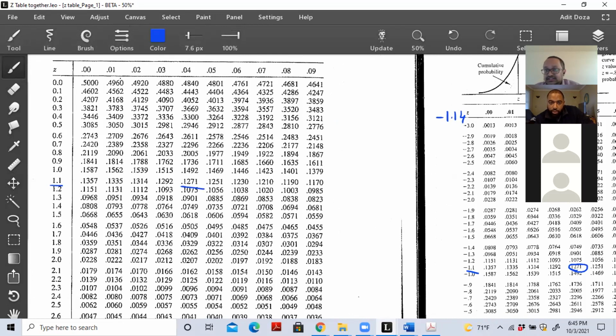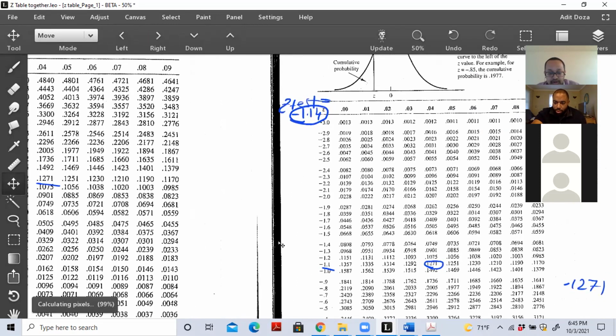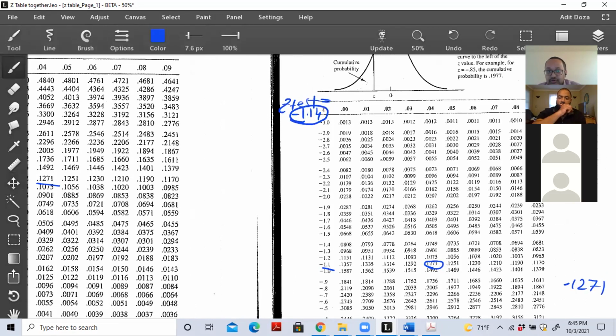Let's say the z test statistic is negative 1.14. What would the p-value be? The p-value is 0.1271. Oh, I thought that was a negative sign. Okay, never mind.